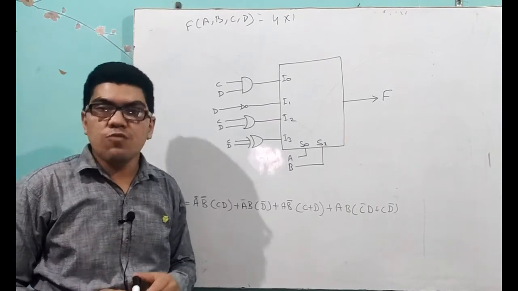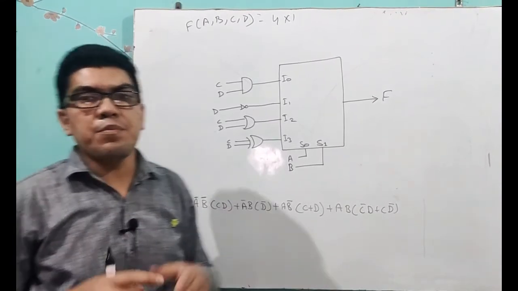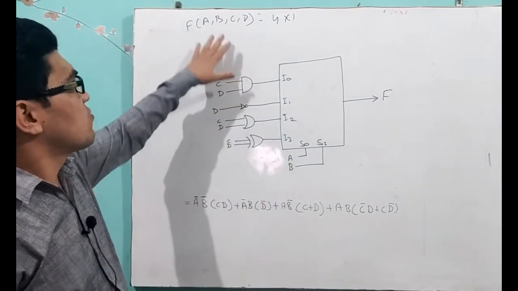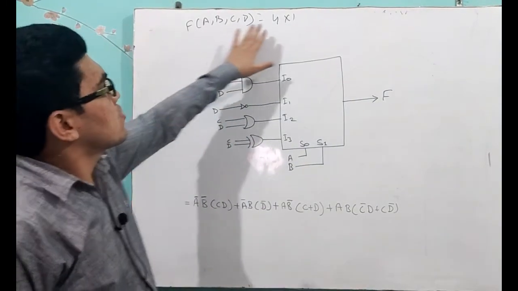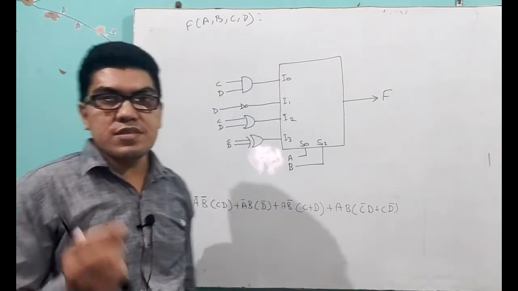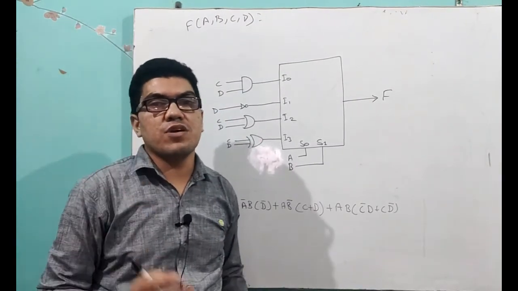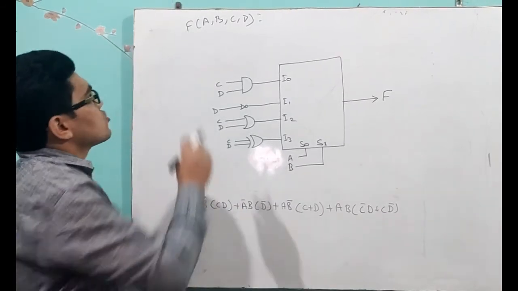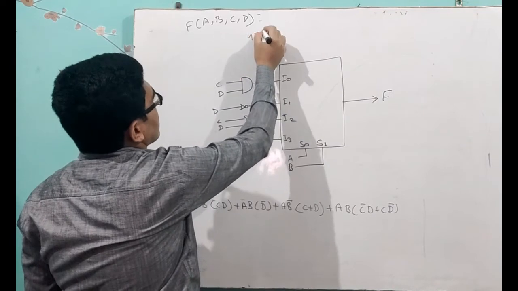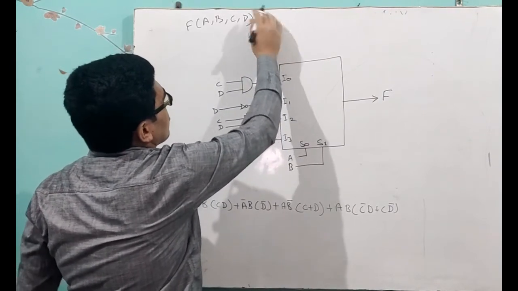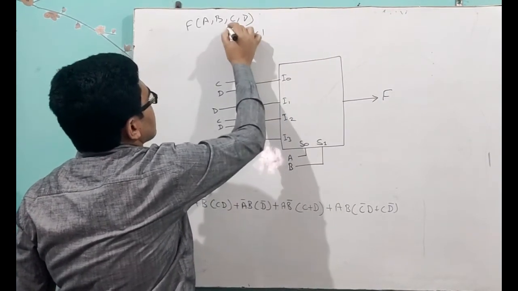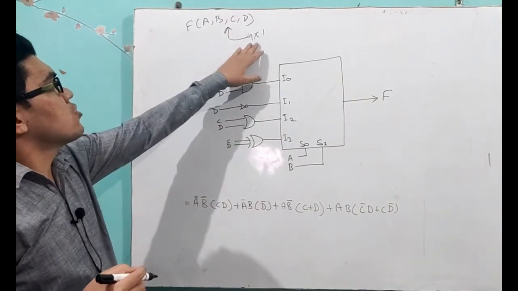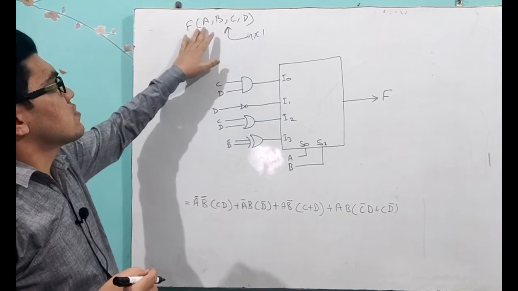Okay students, now one more thing you have to remember. Sometimes it may be given that you should use a scale down multiplexer for this function. Or sometimes it is not given that you have to use a scale down multiplexer, but the question is to use a 4x1 multiplexer to implement this function.